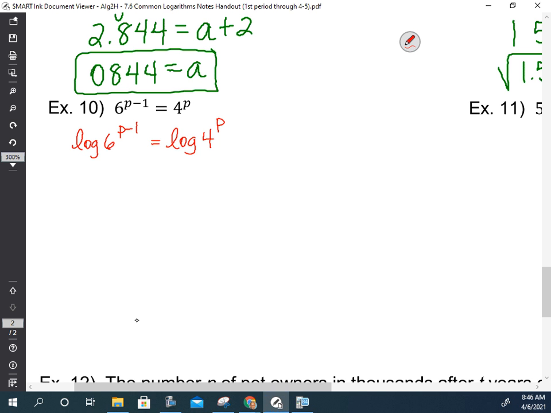Both sides get a log. That's the first thing we do. So now you have log of 6 to the p minus 1 power and log of 4 to the p power.